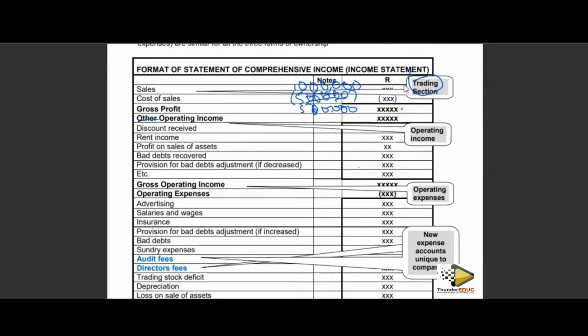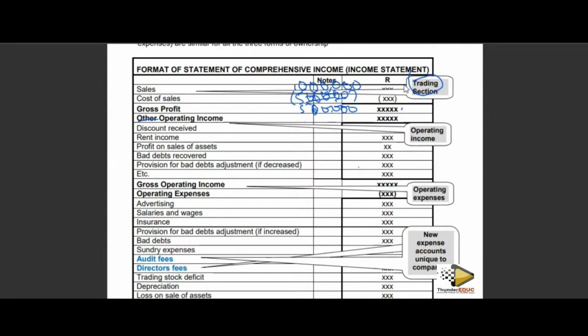For example, we bought stock and we were supposed to pay them maybe 10,000 rands. And then because maybe we paid on time or we bought too much stock, they say they are giving us a discount, maybe 1,000.